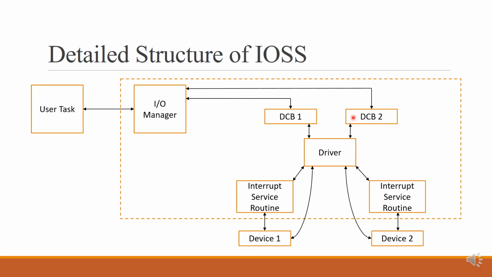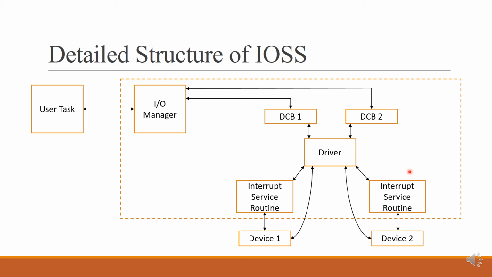And it will send to various DCBs. In the previous general structure of IOSs, we saw there are different drivers for different DCBs, whereas here we have a single driver which is sharing the information between several devices. You don't have to use multiple drivers.